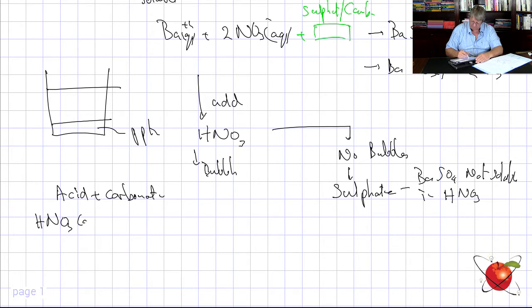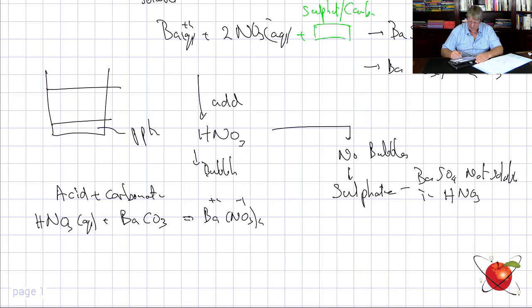Which means you've had HNO3 aqueous plus the carbonate, which is BaCO3, isn't it? And what are we going to get? You're going to get barium nitrate, Ba(NO3)2, plus CO2 plus H2O.